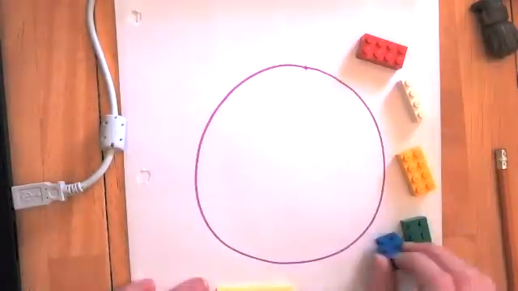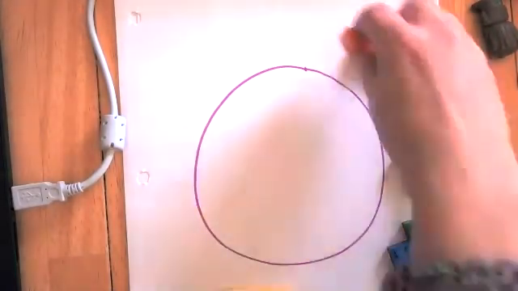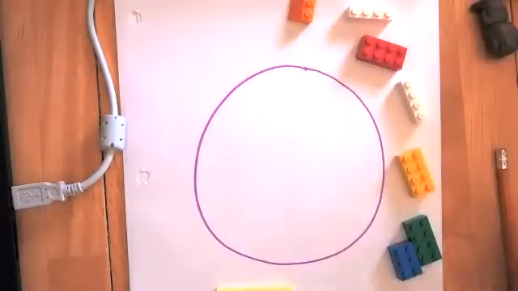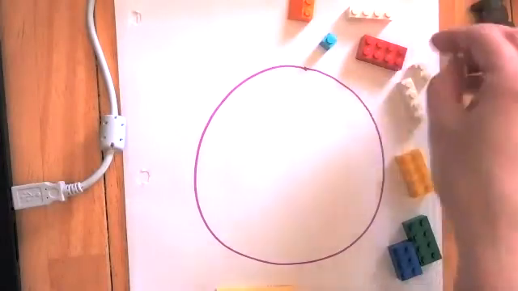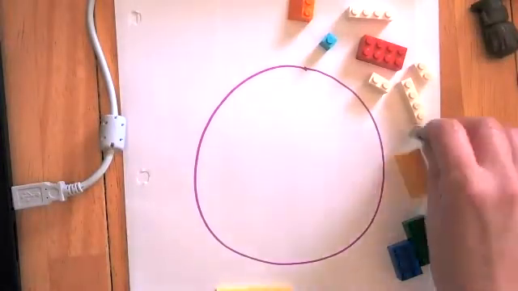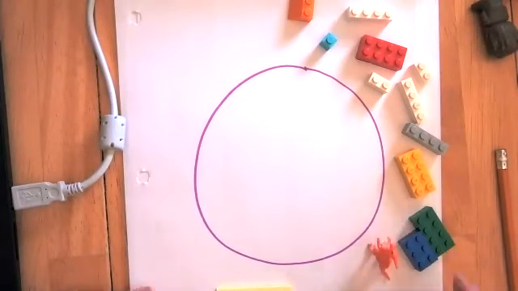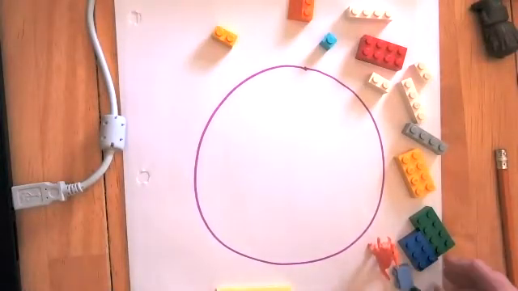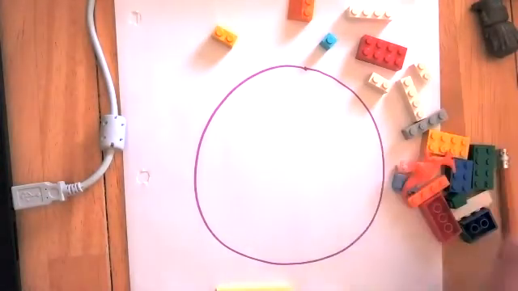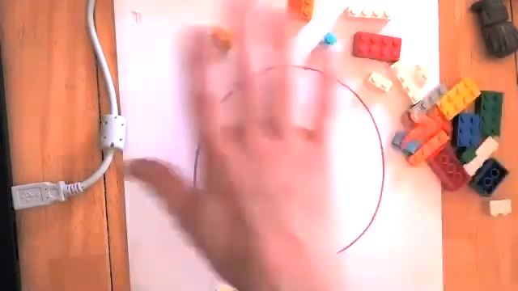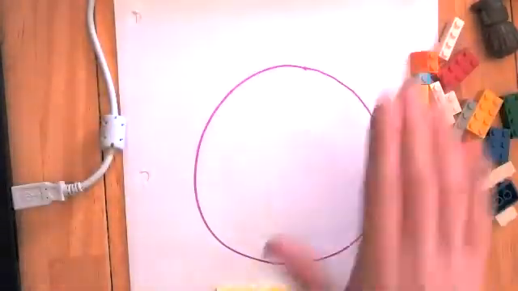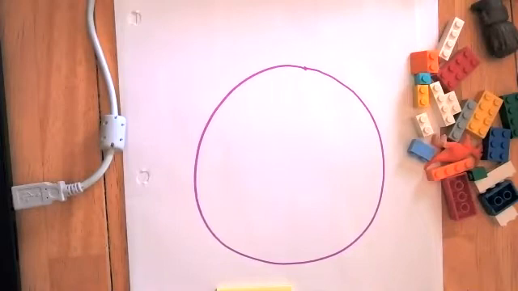We could sort Lego into a whole bunch of different categories. Right now, everything is outside of the circle. I'm just going to put a bunch of stuff outside the circle like this, and I'm going to decide how I want to sort this.